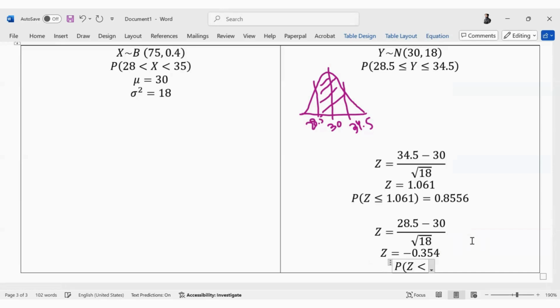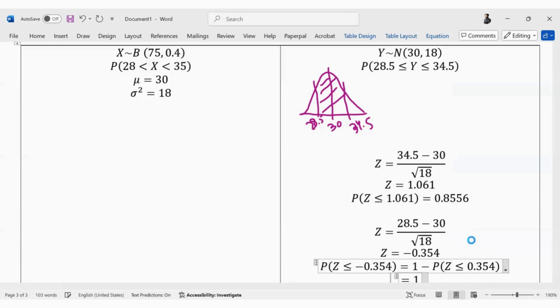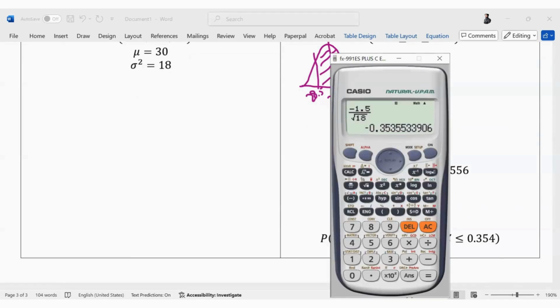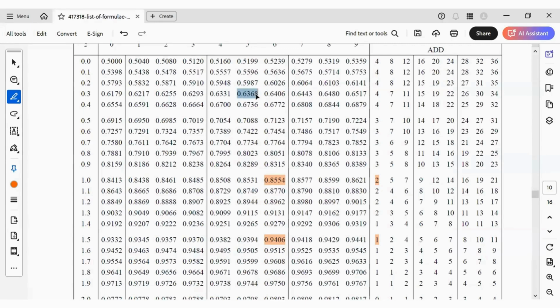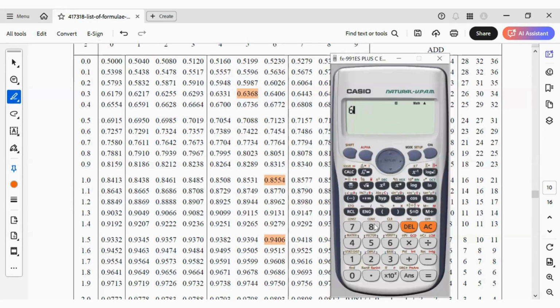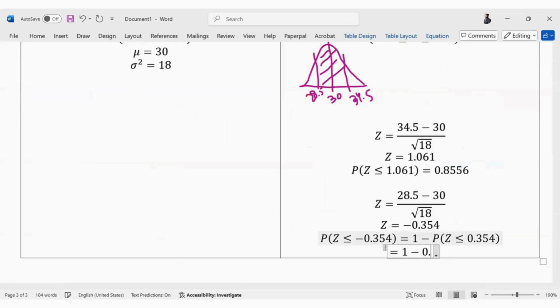So in order to find the probability Z is less than or equal to minus 0.354, I'll just find 1 minus the probability Z is less than or equal to 0.354. 1 minus 0.35 and 4 means adding 15, 68, 7. How do we add this? Let me show it to you. 6, 3, 6, 8. Without the decimal, just add 15, then put the decimal back: 0.6368.